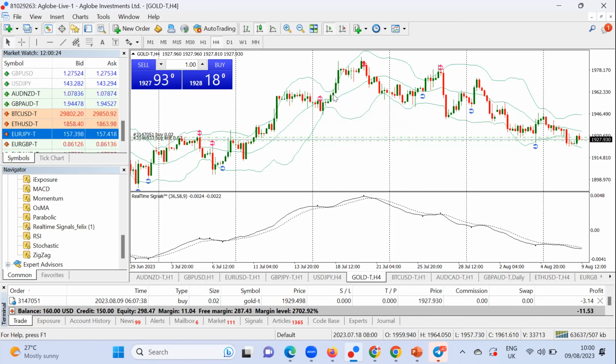Chances are that I now know this is still an uptrend. I may buy here. After buying here, you see it continue to move. I may not have sold here, but look at what this indicator now helps me to do. If I have not sold here, look at the oscillator, bam, here, and then look at the indicator. So the indicator says, okay, you know what? Sell. So now the oscillator says sell.